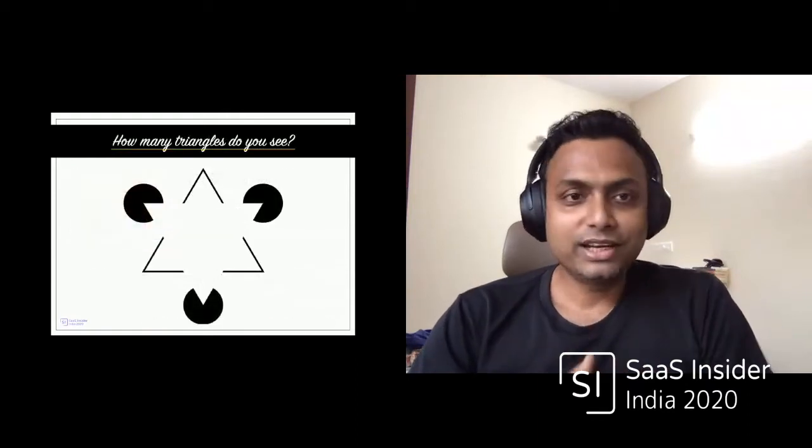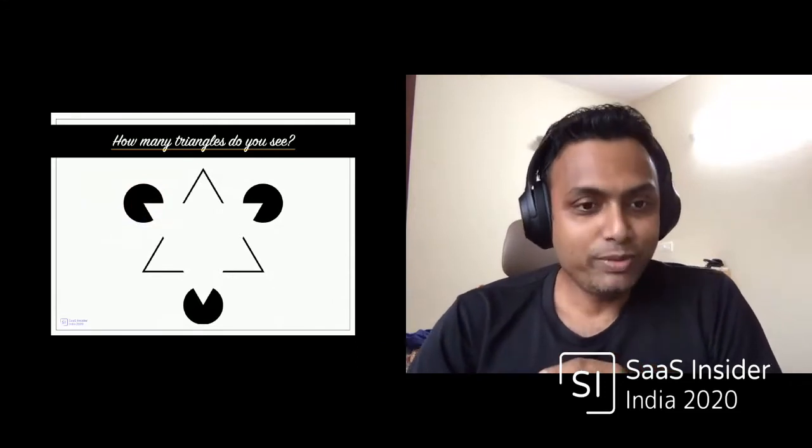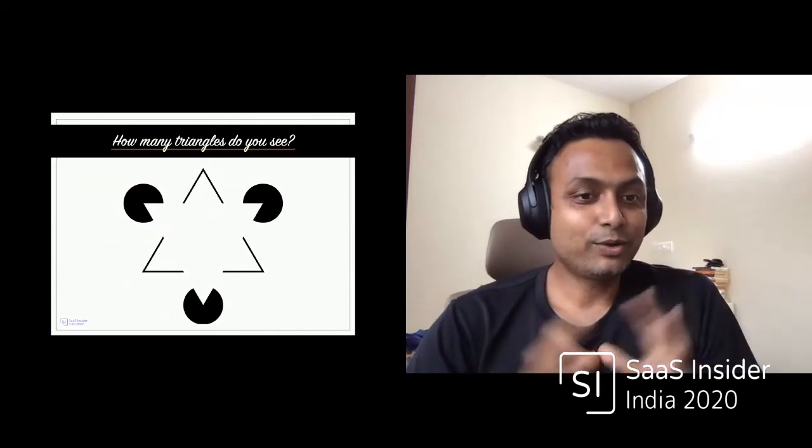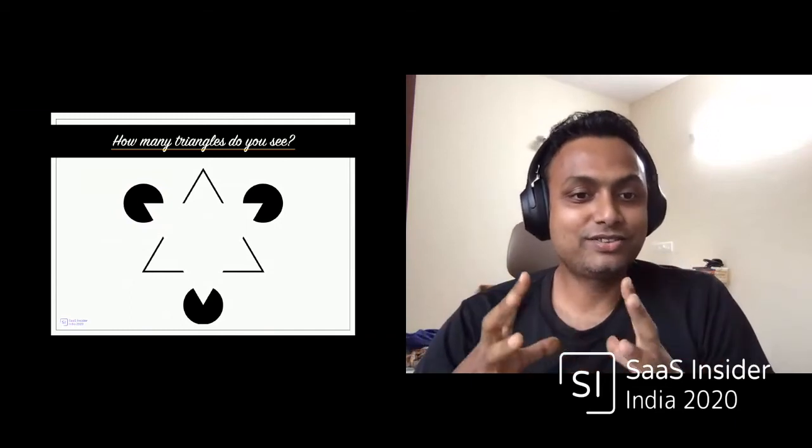Okay, here's a small question for whoever is there: how many triangles are there? I cannot see your answers, but Hari, if you can share how many people are giving answers and what the answers are. My question is, how many triangles are there?